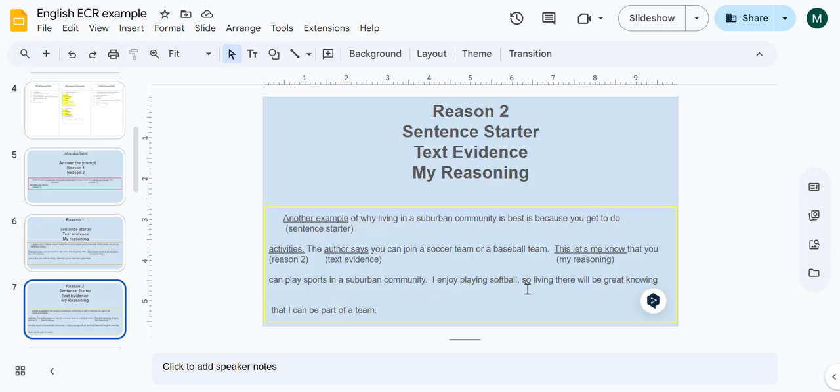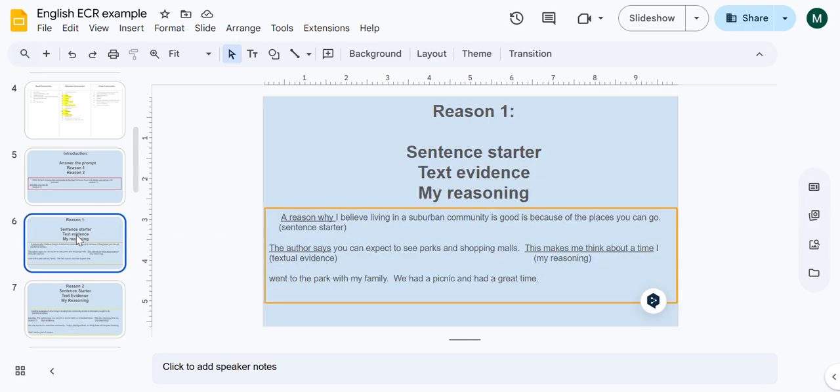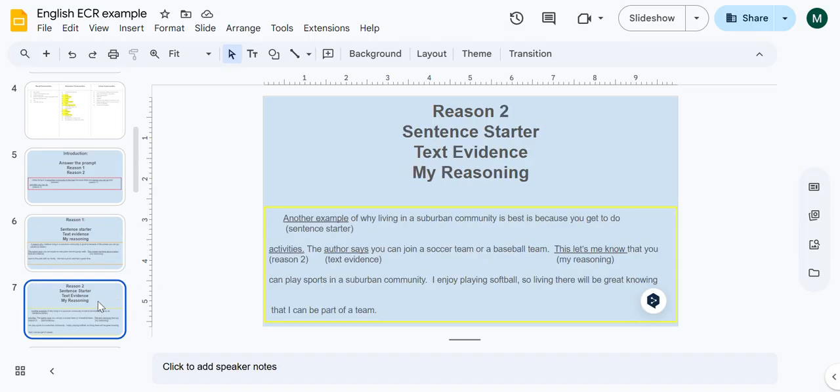I enjoy playing softball, so living there will be great knowing that I can be part of a team. So here's my reasoning. So each paragraph 2 and 3 must contain a sentence starter, your text evidence, and your reasoning. Reason 2, the same. Sentence starter, text evidence, and your reasoning.